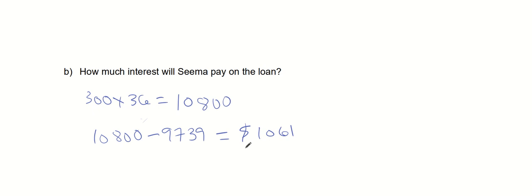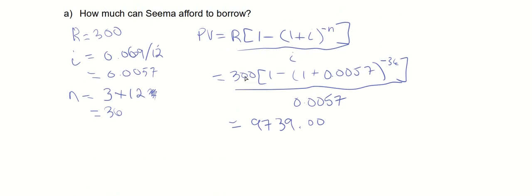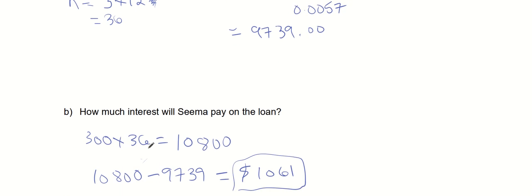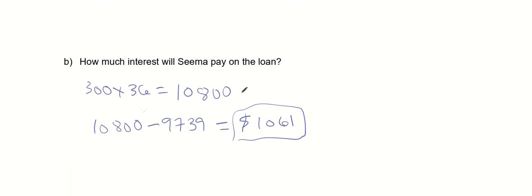She's paying this much interest, because you do the calculation without the interest, and then the calculation with interest is this. You just get the difference in those two numbers to get this number here, the pure interest itself, not the payments or anything, just the interest alone.